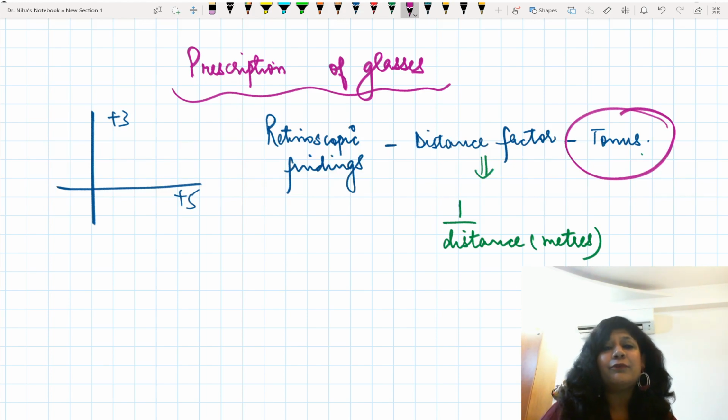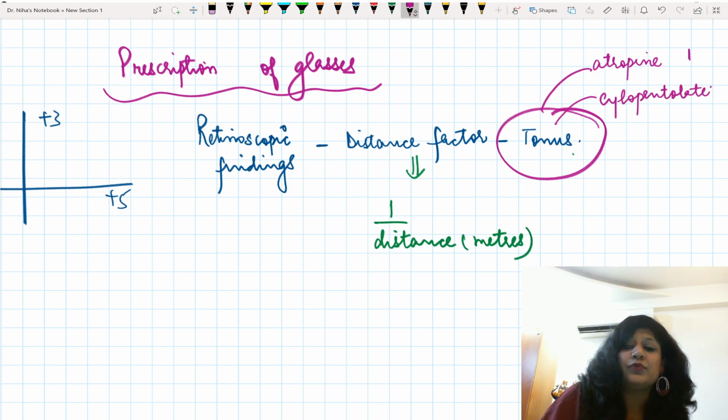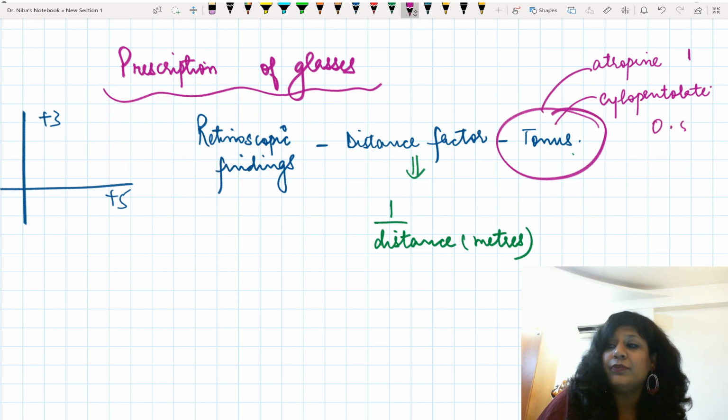Tonus can be different for different drugs. If you look at atropine, for atropine it is 1. Then we have cyclopentolate. If you are using cyclopentolate, you have to reduce it by 0.5, right?